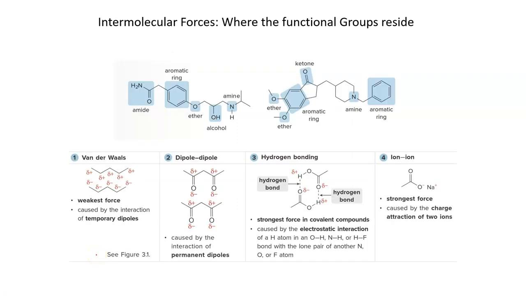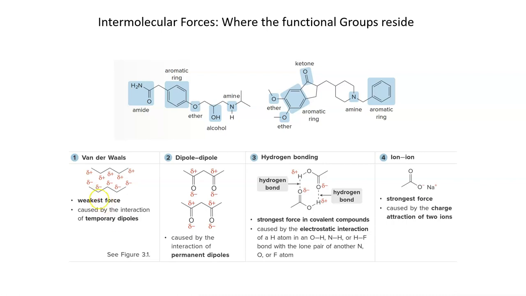So some of the things that are going to determine the properties of these different functional groups and the different compounds that they are on, in terms of boiling point and melting point and interaction and solubility for water, are some of the intermolecular forces that they make with other molecules. The weakest of these are the van der Waals forces, also known as London dispersion forces, and they're caused by temporary induced dipoles.